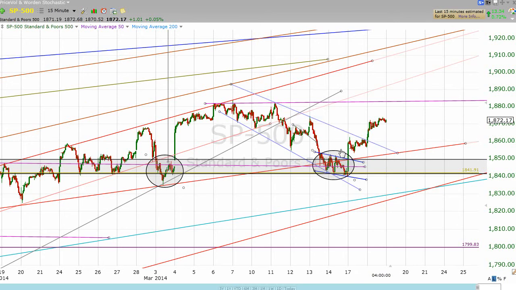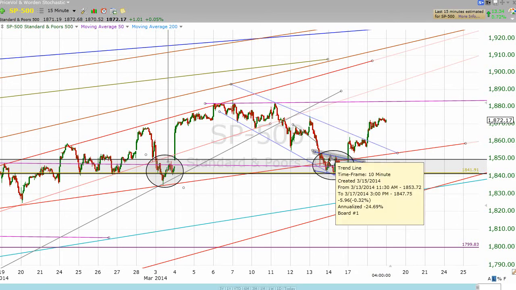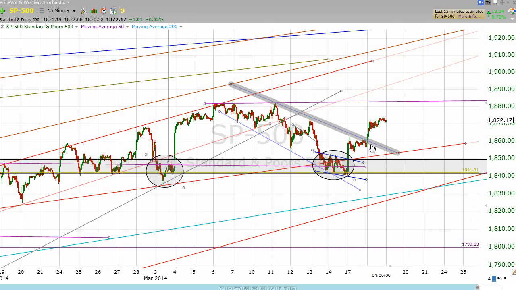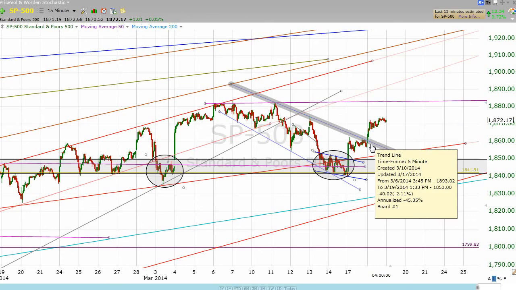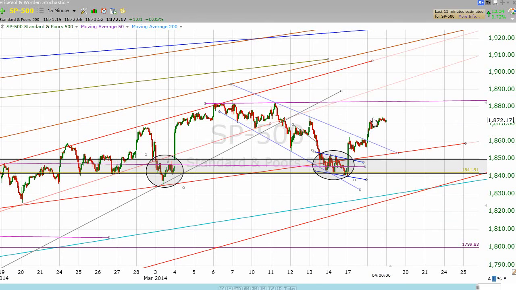So, step one, yesterday we got up over this resistance line. We stopped short of this resistance line. Step two, we are now over this resistance line. So what's step three?